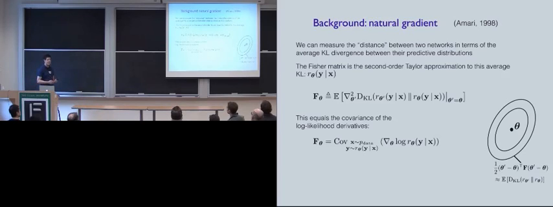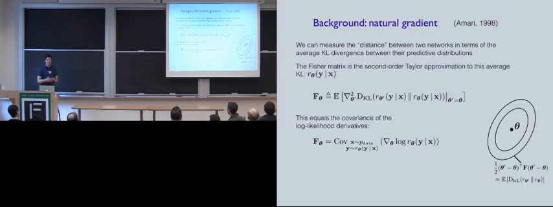We can measure the distance between two different neural nets in terms of the distance between the functions they compute. So if we assume that the neural net represents a probabilistic model, then given an input, like an image, say, it'll predict a distribution over the outputs, such as the set of object categories that could be present in that image.